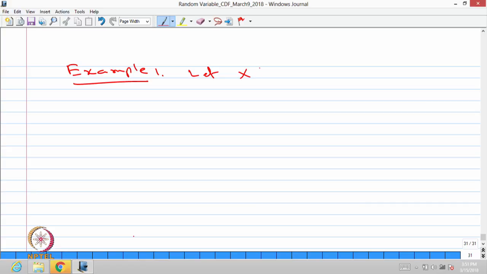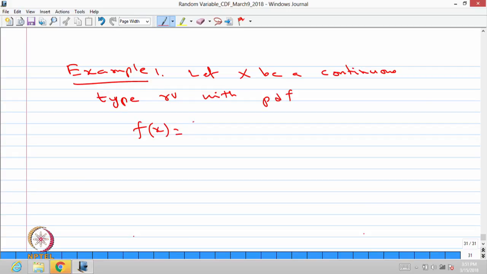Let x be a continuous type random variable with probability density function f of x is 1 divided by sigma times root pi e power minus x minus mu divided by sigma the whole square multiplied by 1 by 2, where x lies between minus infinity to infinity.